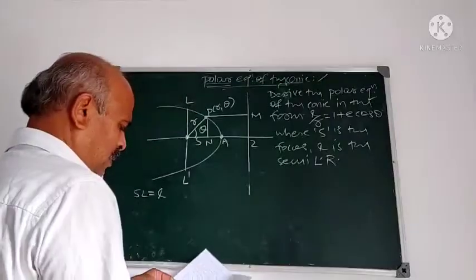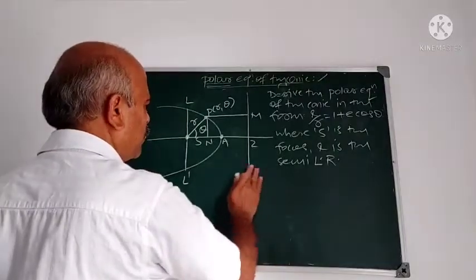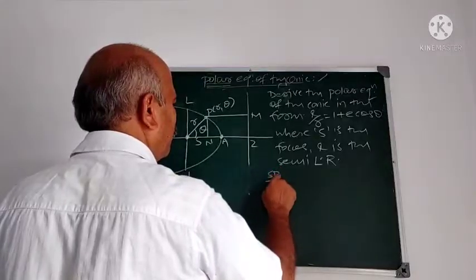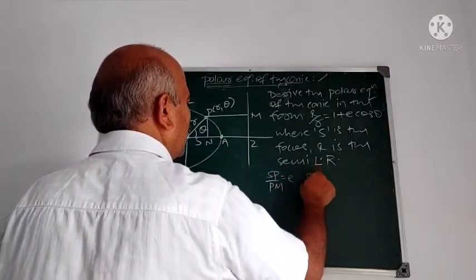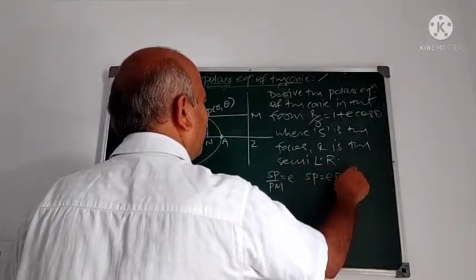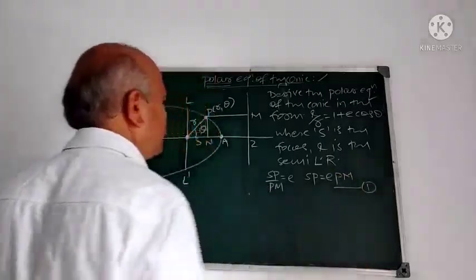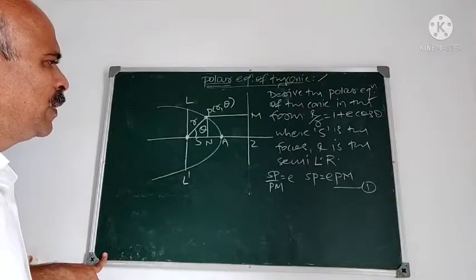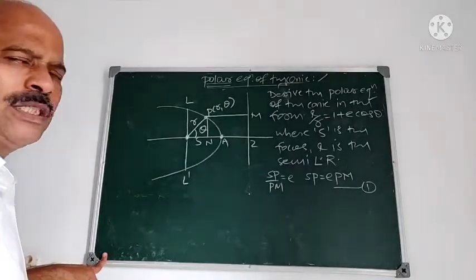For that, what is given? We have SP by PM is equal to E. Therefore, SP is E into PM. Take this as 1. How to define a conic section?